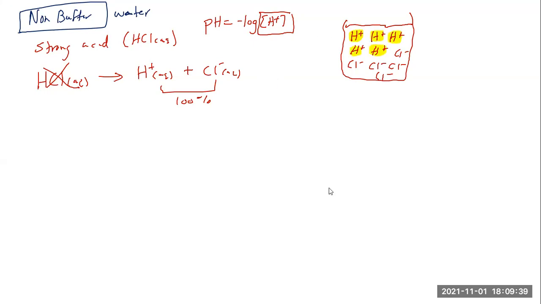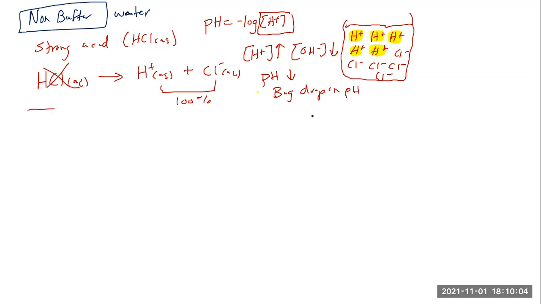And what we see is that the H plus concentration increases. That means, by the way, that the OH minus concentration goes down, as they're opposites of each other. And we would expect the pH to go down a lot. We would expect a big drop in the pH in this case.